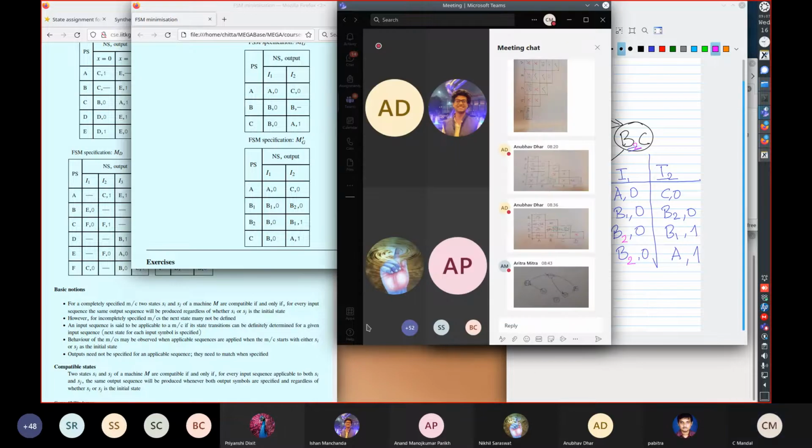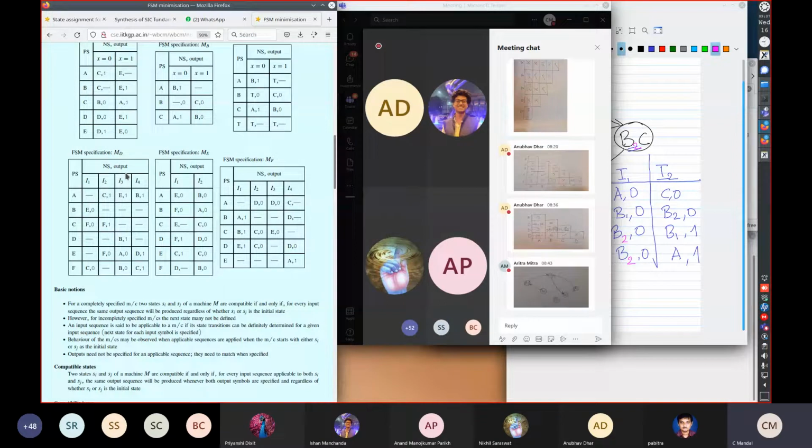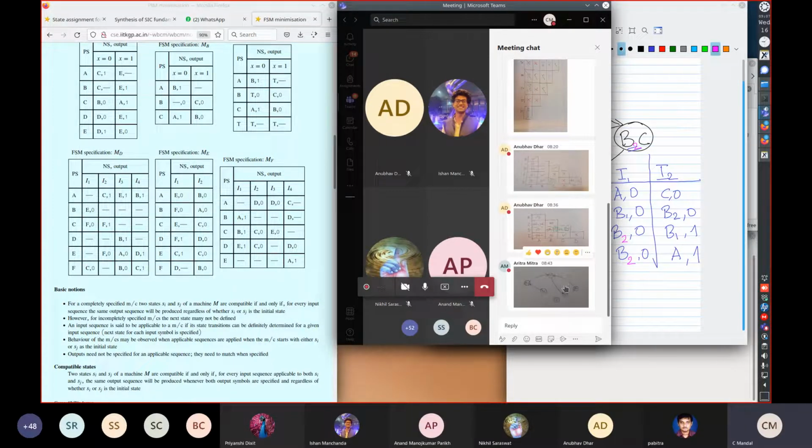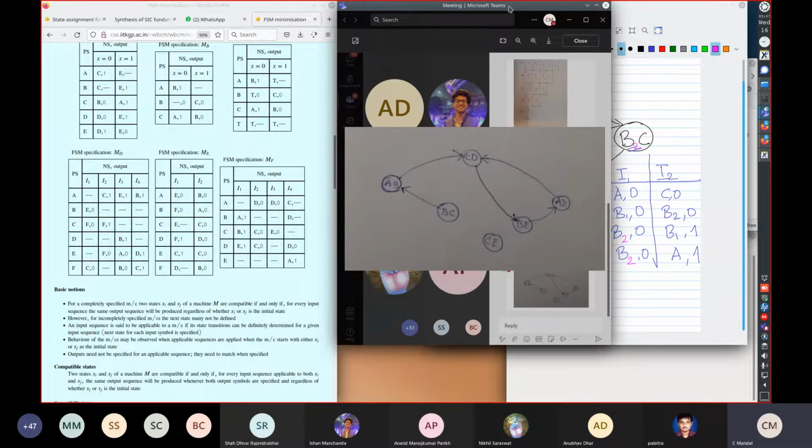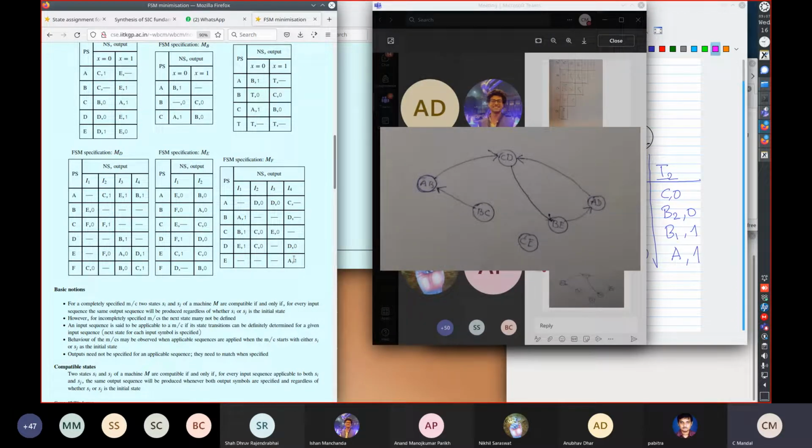Yes, so have you tried out state splitting for this machine? Yeah, can you do it?